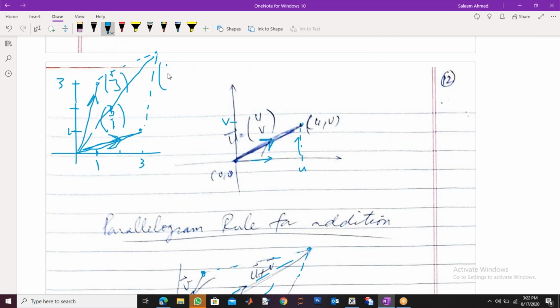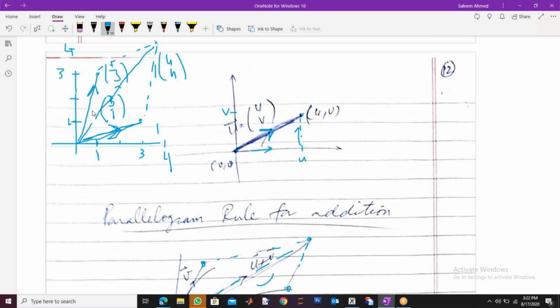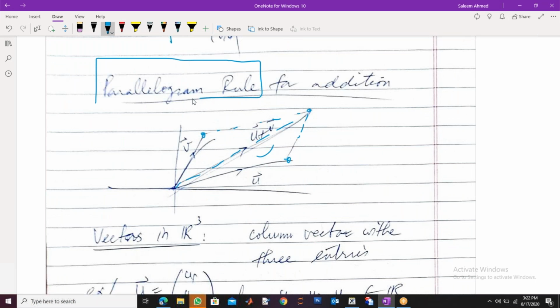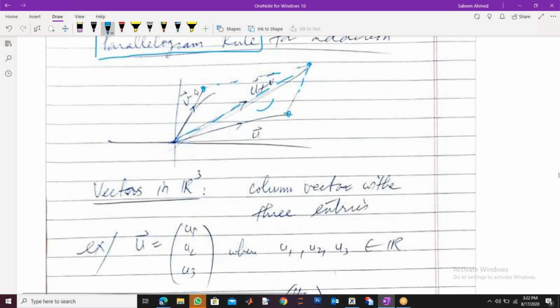And this is exactly the diagonal of the parallelogram, because this point becomes 4 here and this point becomes 4 here. This comes from the sum of these two vectors (3, 1) and (1, 3). So this is called the parallelogram rule for addition. Let me check if there are any questions.